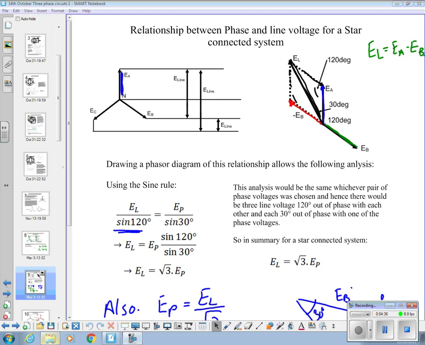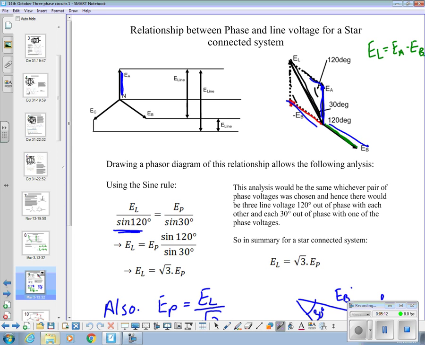Just to clarify that issue, when you draw the phasor diagram, if we look at these two phases, EA and EB, it's EA minus EB because the arrows are in opposite directions. So we draw a phasor diagram. There's EA pointing straight upwards. EB is along there, so minus EB is up there.